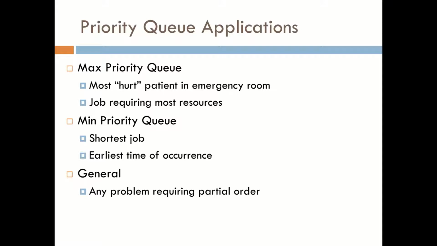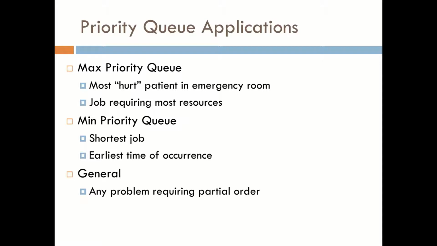Minimum priority queues are often used in simulations in something that's called discrete event simulation, where the events are ordered by time, and obviously the earliest time those events get done, they get done first. As a result, the time queue in a discrete event simulation is an example of a minimum priority queue.